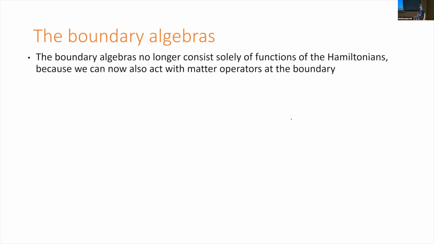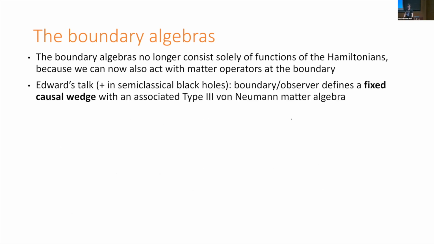Okay, so now let's think about the boundary algebras. It's no longer the case that the only thing we can measure at the boundary is the Hamiltonian, because we can also measure matter fields at the boundary. In Edward's talk and in our paper on semi-classical black holes, the boundary was in a well-defined location, and so matter operators near the boundary generated a type 3 matter algebra associated to some causal wedge of that boundary.